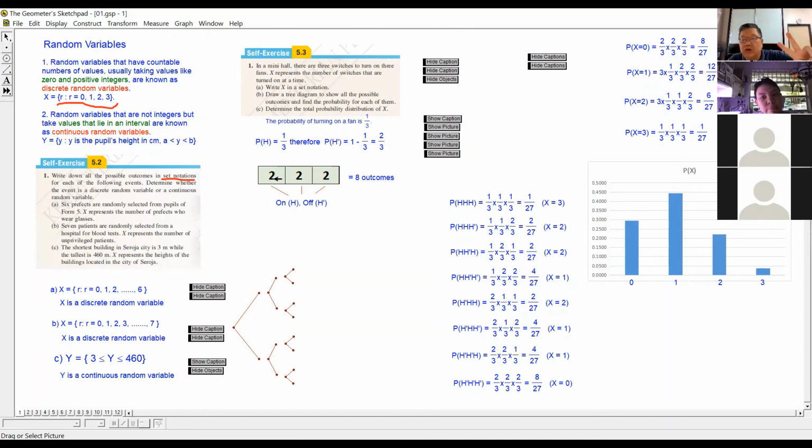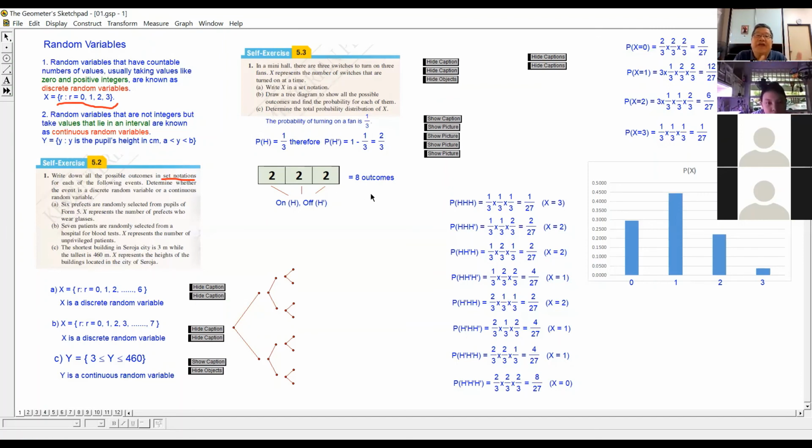On, I say it is H. Off, I say it is H prime. The second one can be H or H prime, also two ways. The third fan can also be on or off, two ways.